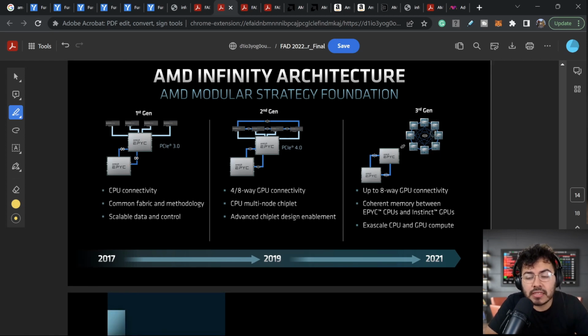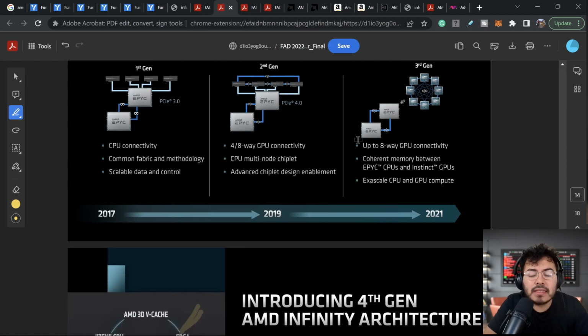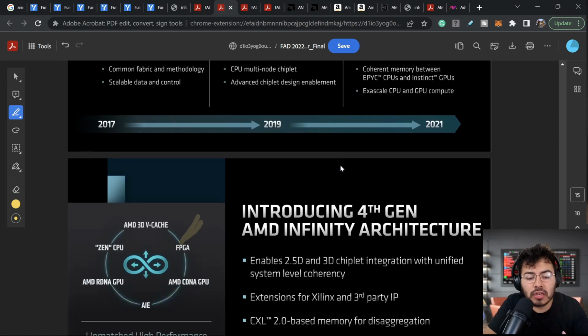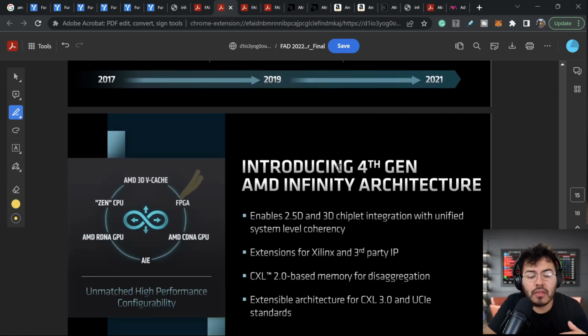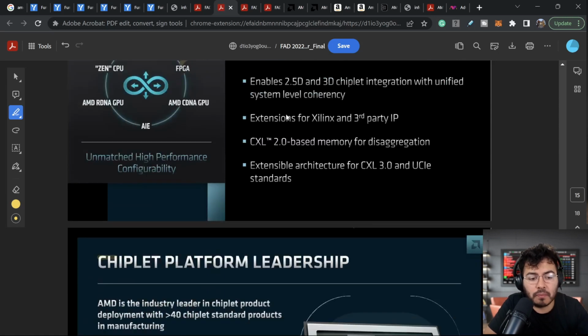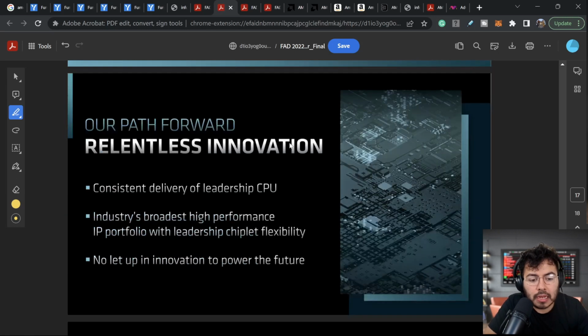In theory, this is usually like a small moat that most semiconductor companies build: if you buy my CPU and you buy my GPU, you're probably going to get better performance as opposed to buying a third-party GPU. That's not necessarily the case, but it creates that opportunity where, as we continue to go on, maybe that moat gets stronger and stronger.